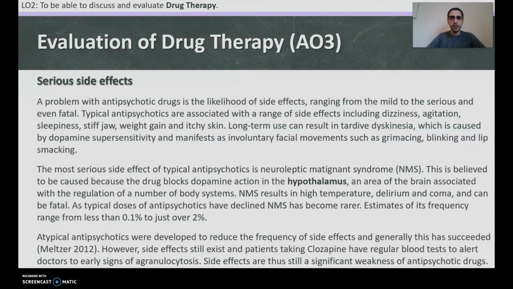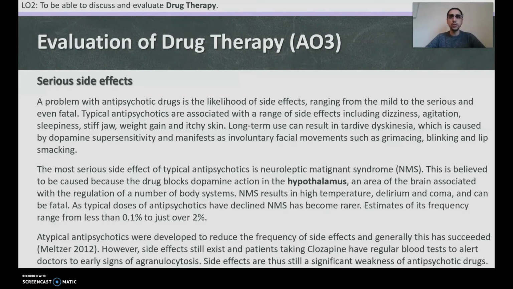However, side effects. A problem with antipsychotic drugs is the likelihood of side effects, ranging from the mild to the serious and even fatal. Typical antipsychotics are associated with a range of side effects including dizziness, agitation, sleepiness, stiff jaw, weight gain, and itchy skin.